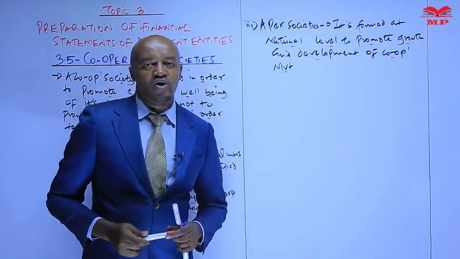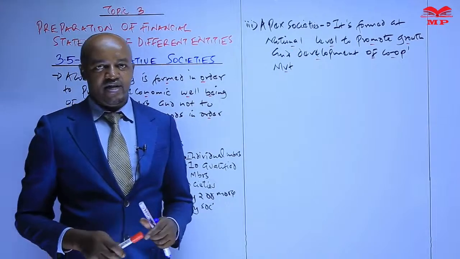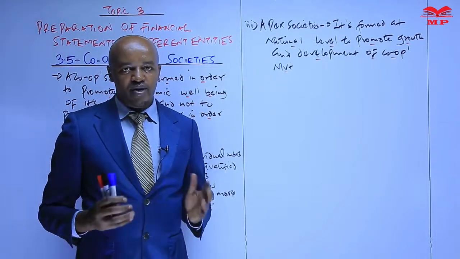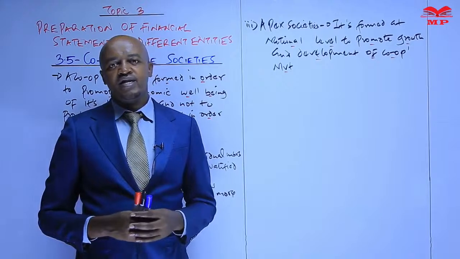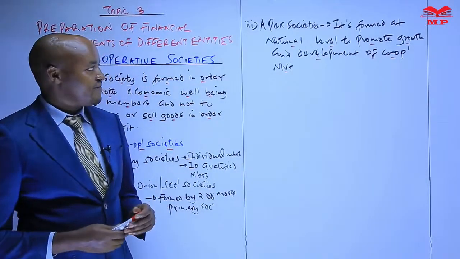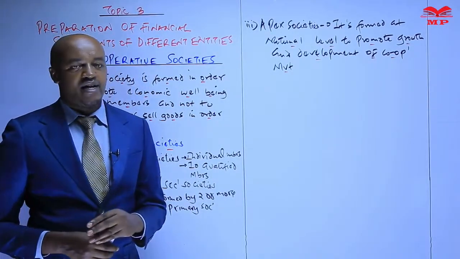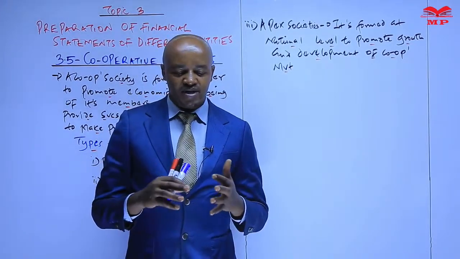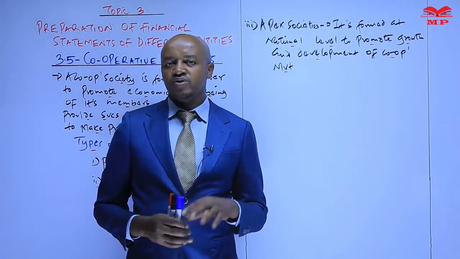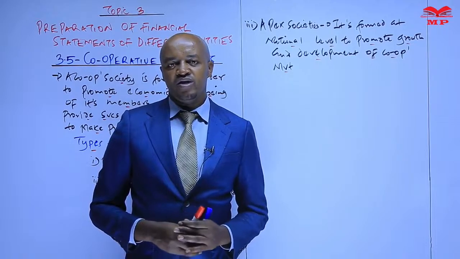So according to the Cooperative Societies Act, we have those three types of cooperative societies which may be formed and registered in accordance with the Act. Now, our main focus here, as the topic suggests, is the preparation of financial statements of cooperative societies.